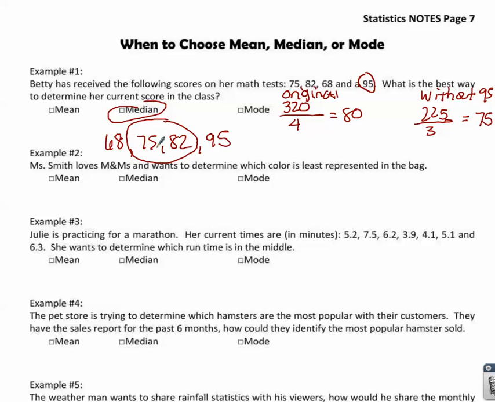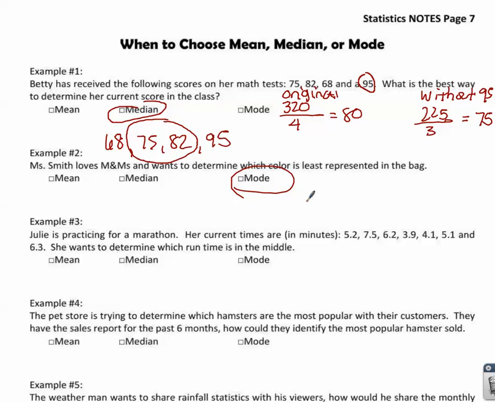In example 2, Miss Smith loves M&Ms and wants to determine which color is least represented in the bag. So here, you don't have any numbers, and you're talking about something that's there, the least amount. So you're actually going to use the mode to describe it.